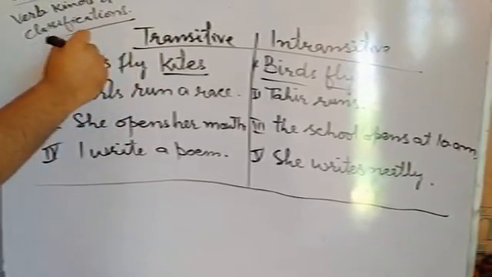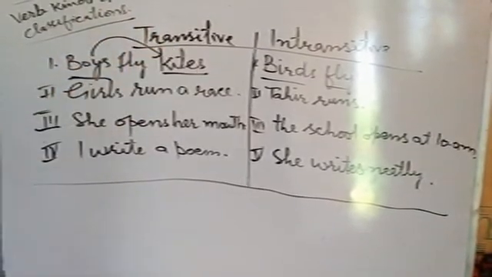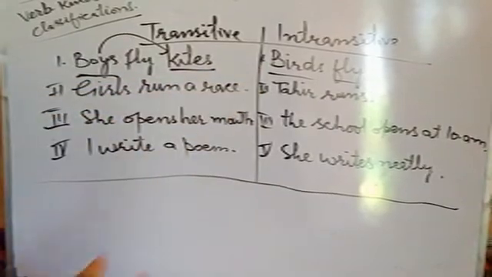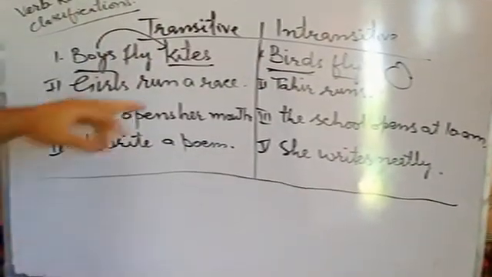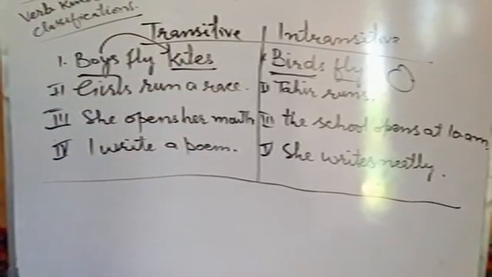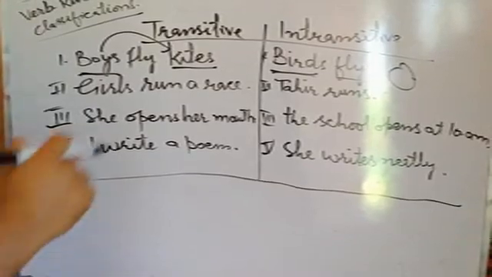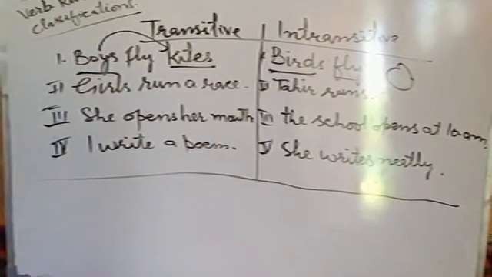The action passes from boys to kites, from subject to object. But in this sentence, birds fly, we have a subject, not an object. Action does not pass from subject to object. We have only two things here: a subject and a verb.